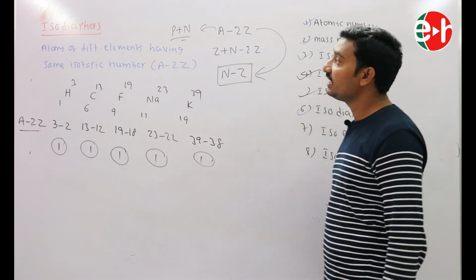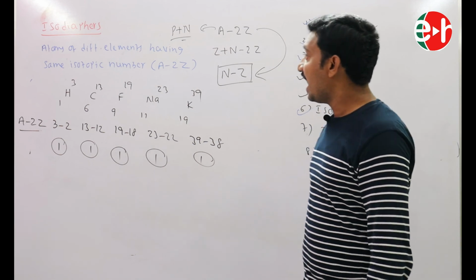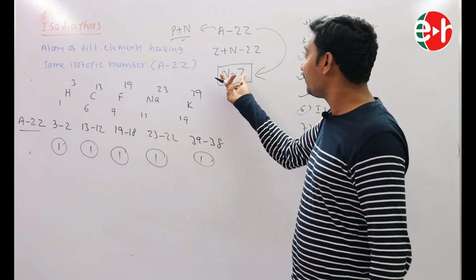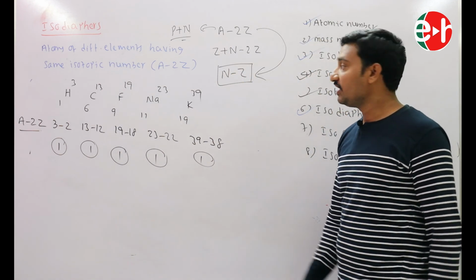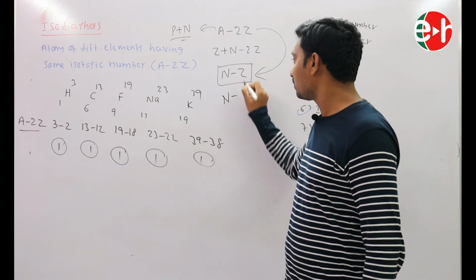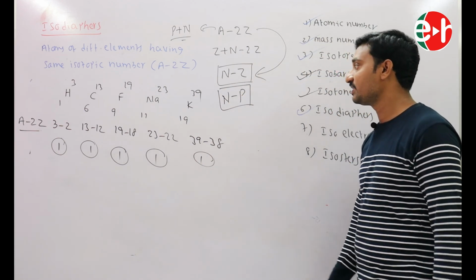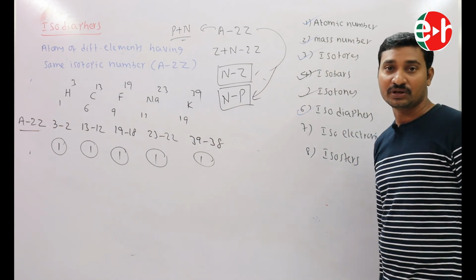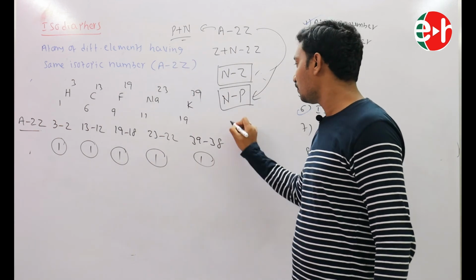That's why we can define isodiaphers in another way also. Atoms of different elements having same difference of neutrons and protons. Z is equal to proton. Atomic number Z is equal to proton. That's why also written as N minus P. Okay, so we can define isodiaphers in another way also.